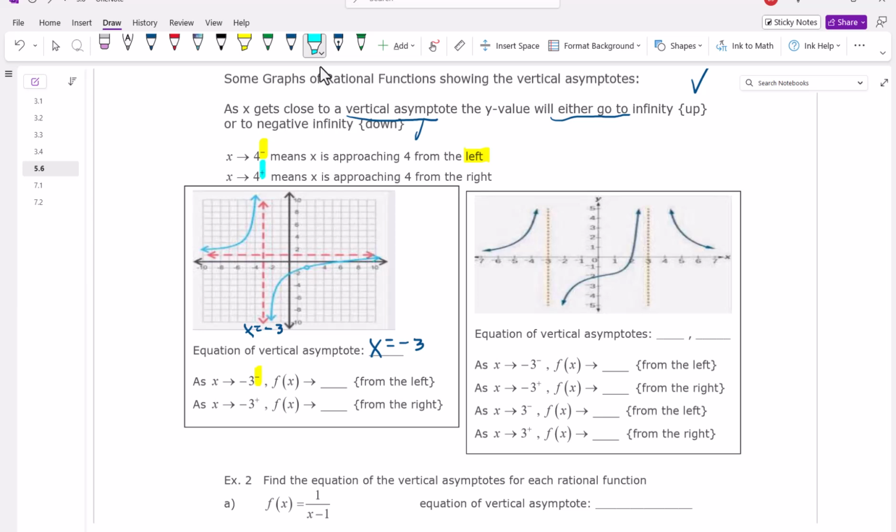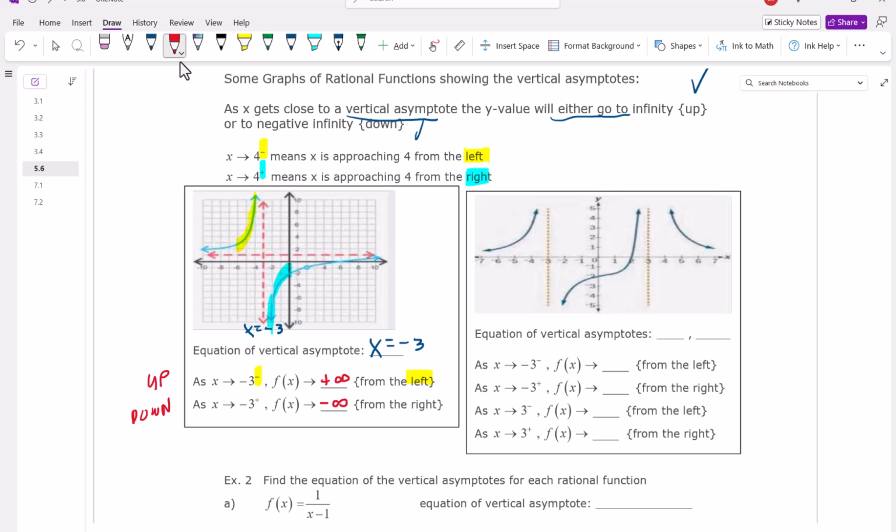If the superscript is positive, it means it's from the right-hand side. So if you're coming from the left, if you look at this graph, it's going up, so that means f of x is going to positive infinity. If we're coming from the right, which is here, the graph's going down. If the graph's going down when you get close to the asymptote, then it's going to negative infinity.